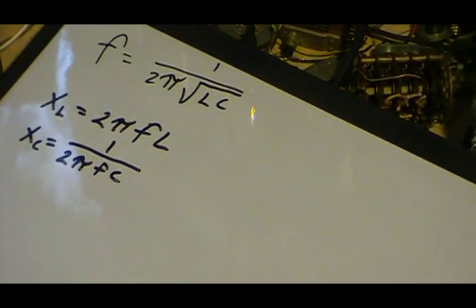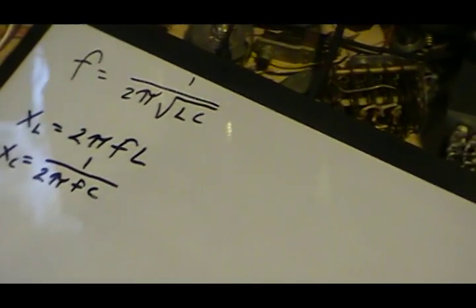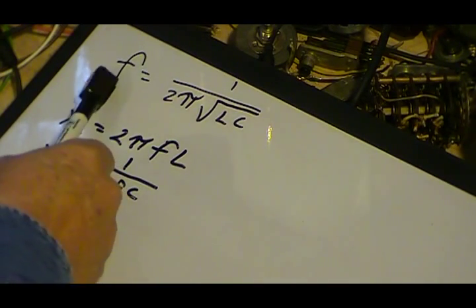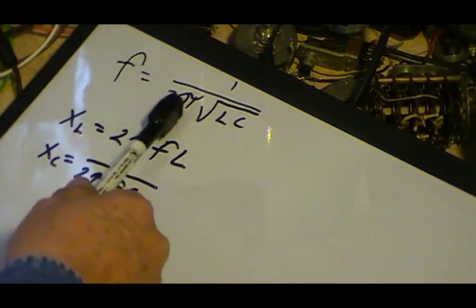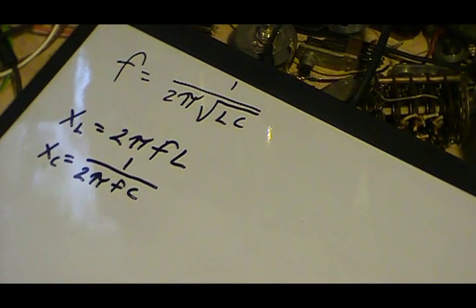Okay, we've talked about our resonance formula in the past, F equals 1 over 2 pi times the square root of LC. There's a couple other formulas that are kind of important when you're dealing with inductors and capacitors.